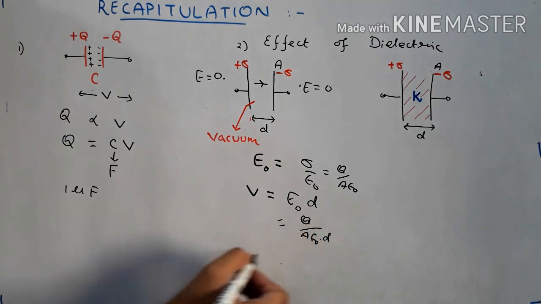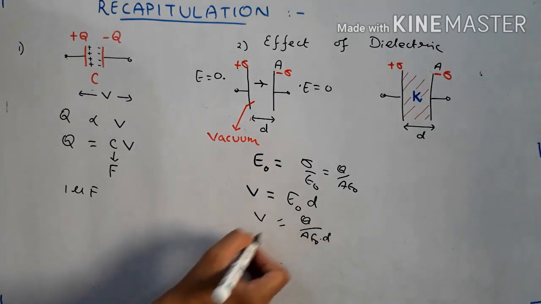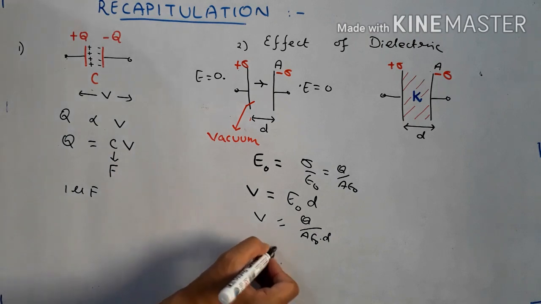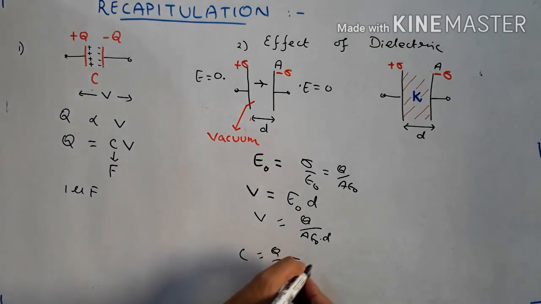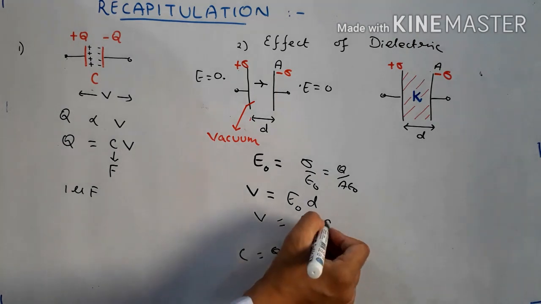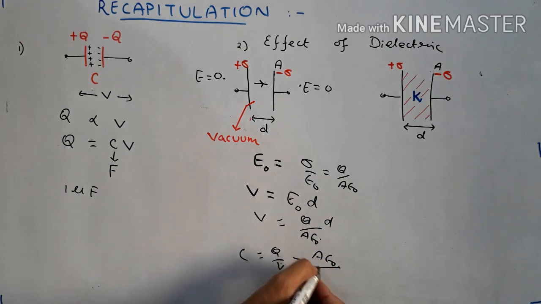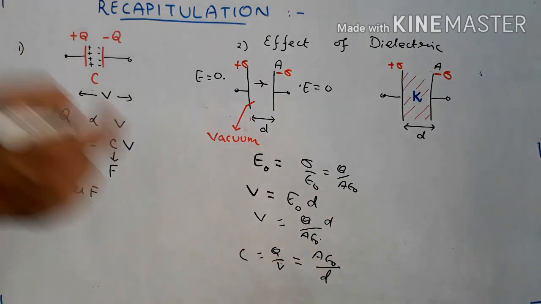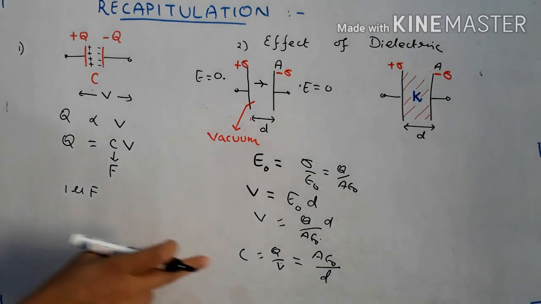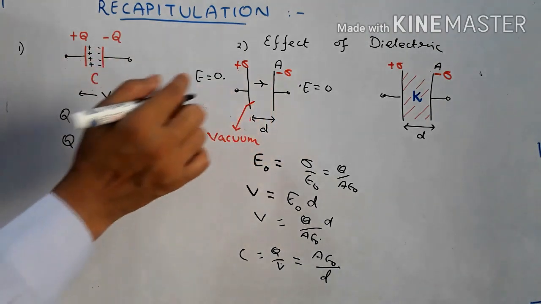Capacitance by definition is Q upon V. So C, which is Q upon V, is A epsilon naught upon d. This was the capacitance of a parallel plate capacitor.